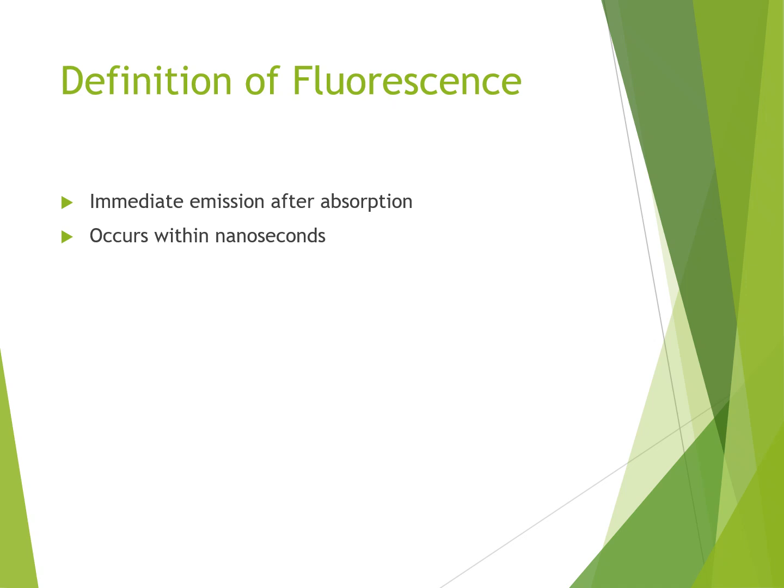Fluorescence is the immediate emission of light after absorption of radiation. We can understand from the definition that if light is absorbed through radiation, then immediate emission takes place. By the absorption of light, the electron jumps into a higher energy state, and when it comes back to the lower energy state, emission of light takes place.